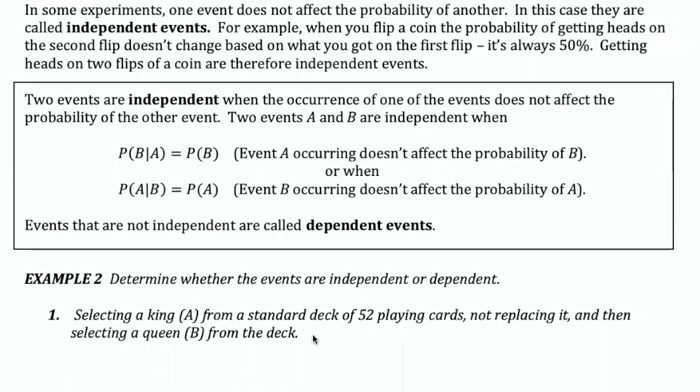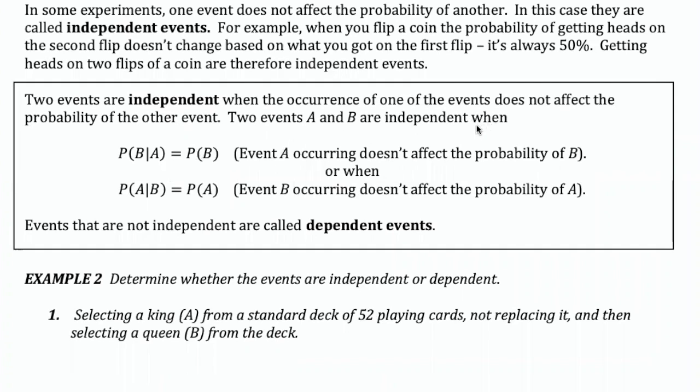Every single flip of the coin is always a 50% chance of getting heads. So we consider those to be independent events, because no matter what happened on the first flip, getting heads on the second flip is still a 50% chance. We can tell if two events are independent sometimes just using our own common sense, and other times we rely on this formula.